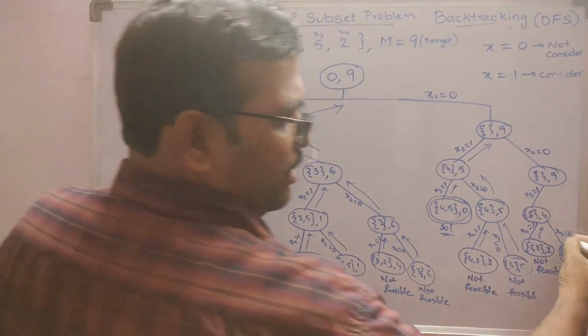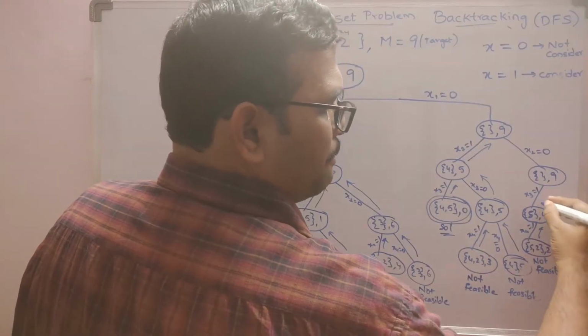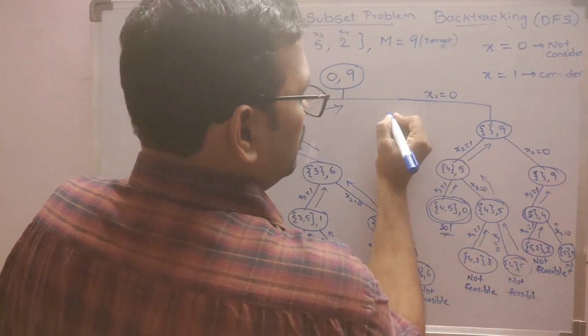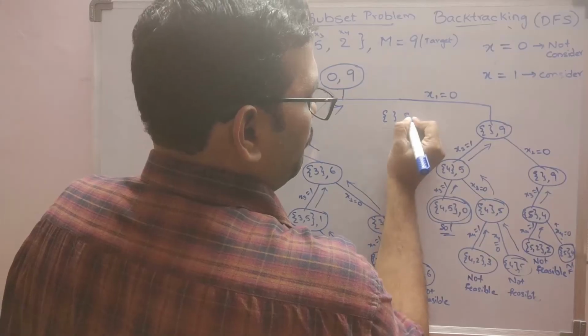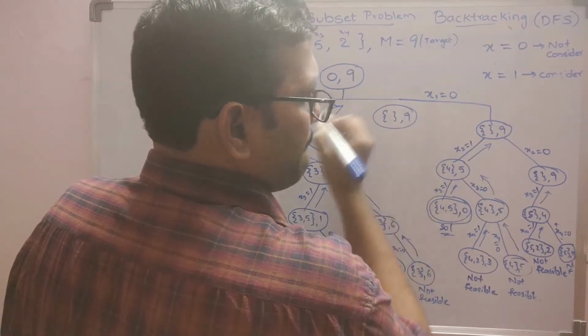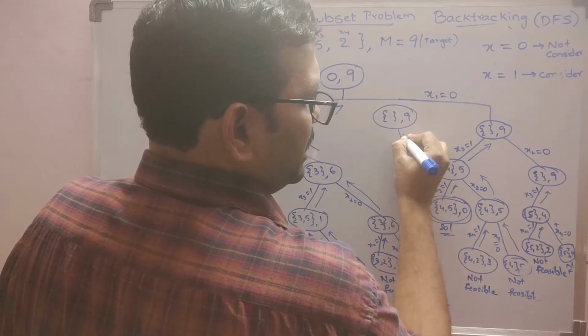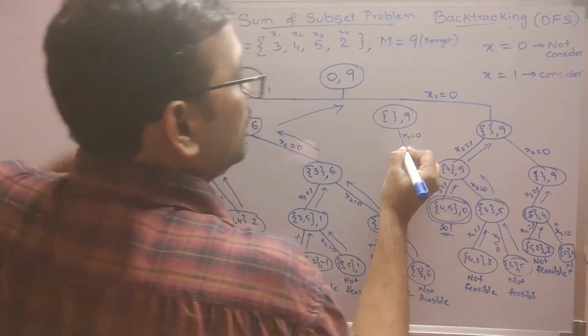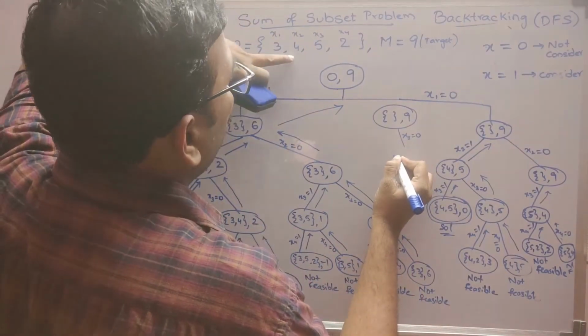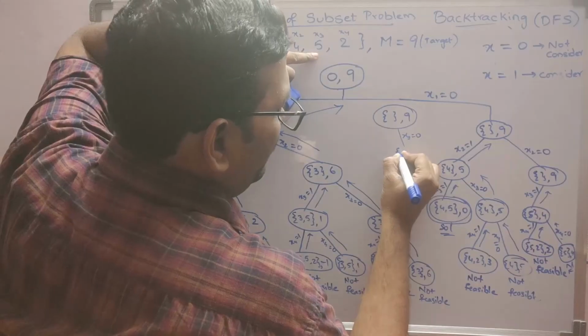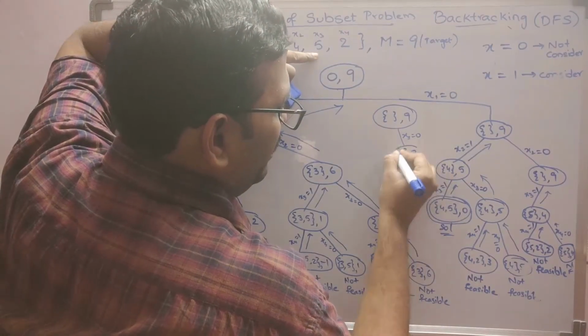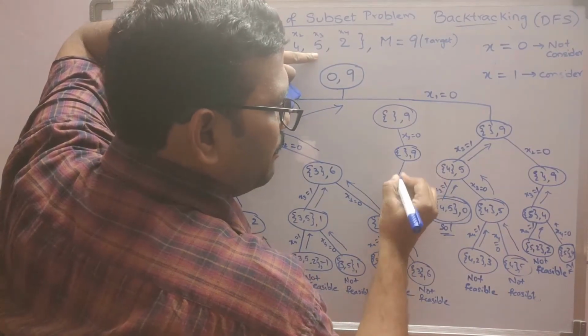Right? Again backtrack, and now I'll write here, consider x3 is equal to 0. x3 is equal to 0 means again it becomes 9. So again it can be further divided.